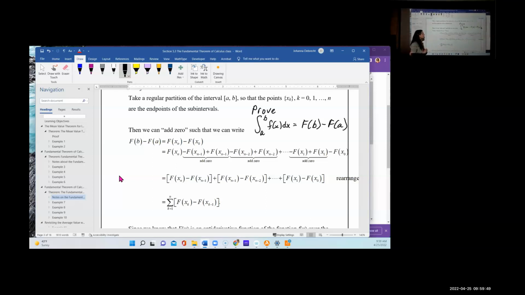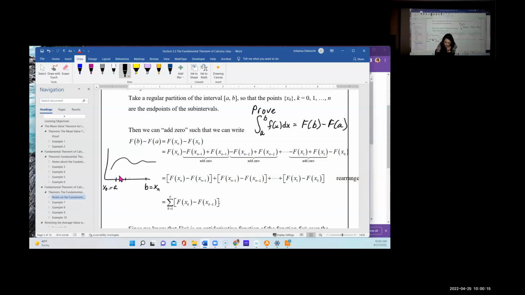So we're going to take the right-hand side, f of b minus f of a, and rewrite it in terms of a sum. Now remember that we're talking about some function, and we've got area. Here's a, and here's b. a is equal to x sub 0, and b is equal to x sub n.